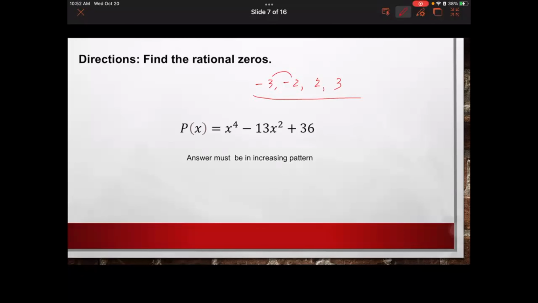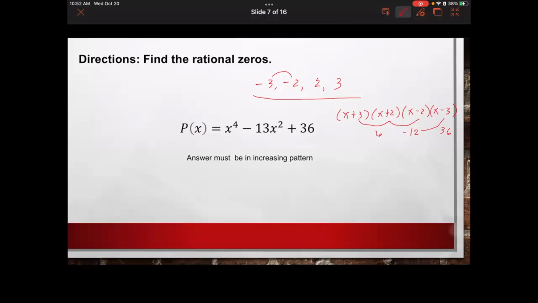Balik natin. Magkakaroon tayo ng x plus 3, x plus 2 rather, x minus 2, and x minus 3. So, 3 times 2 ay 6 times negative 2. This will be negative 12 times negative 3. This is 36.